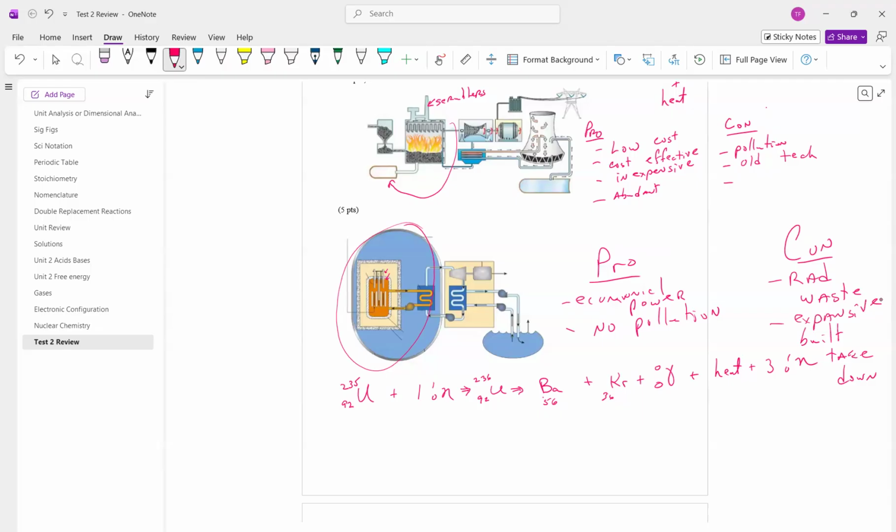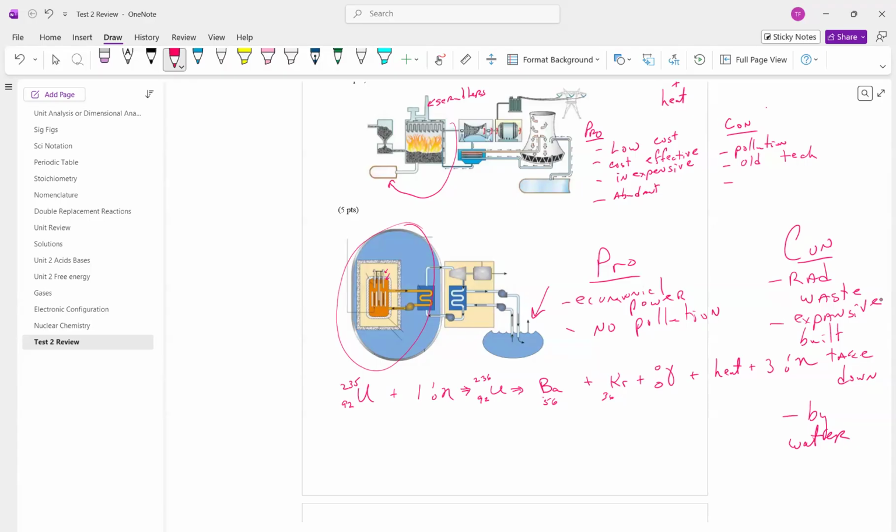Another con is they have to be by water. For the cooling. And every power plant, both coal and nuclear, have these big giant cooling towers. And they're like 4 or 5 stories high. They're really big. And that's how they cool the water after the steam is converted to steam.